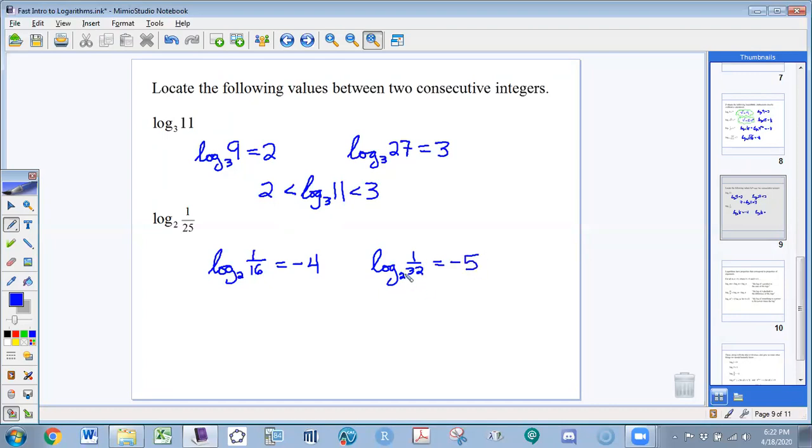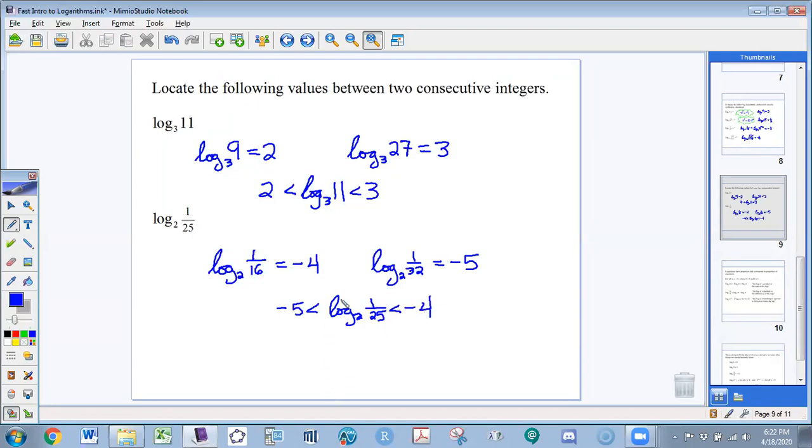Negative because of the reciprocal, 5 because 32 is the 5th power of 2. So 1/25th is definitely between 1/16th and 1/32. So I can say that log base 2 of 1/25th is between negative 5 and negative 4.